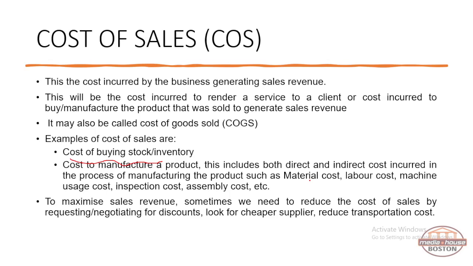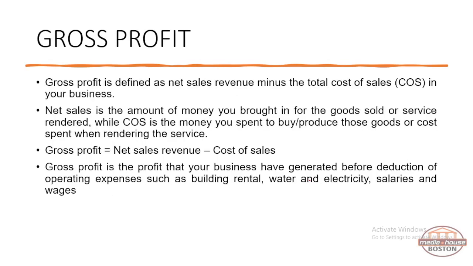Try to reduce transportation cost: instead of supplying one product at a time, supply all the products to the customer in bulk once the sales have been combined together, and then make the delivery. Because if you make one delivery at a time, you are going to incur a lot of transportation cost. Those are some of the ways to reduce the cost of sales. And now we come to gross profit.